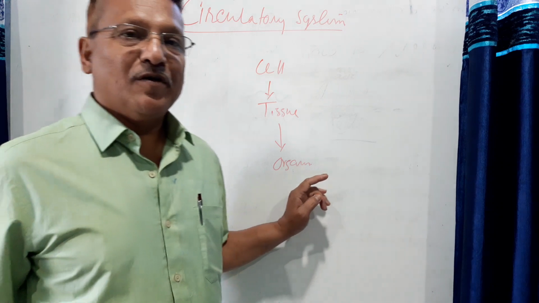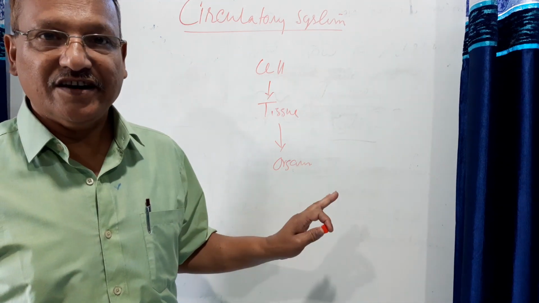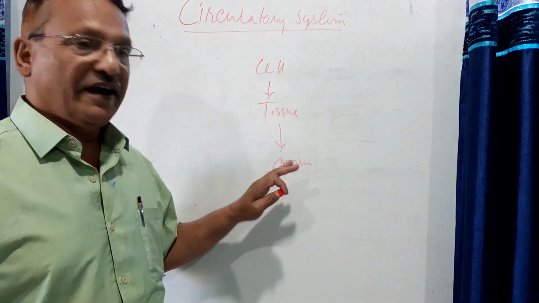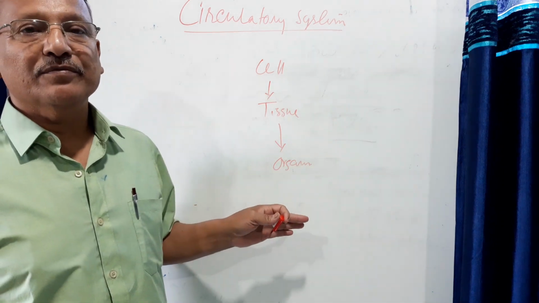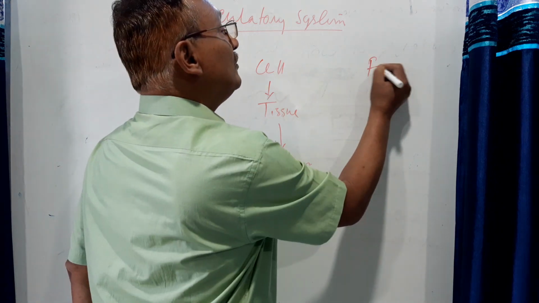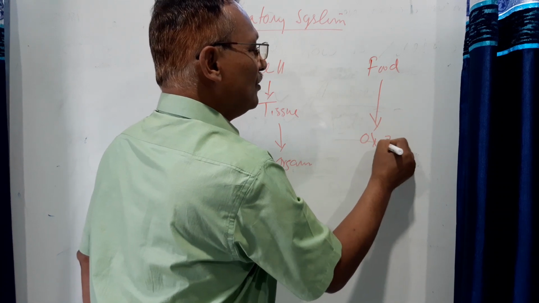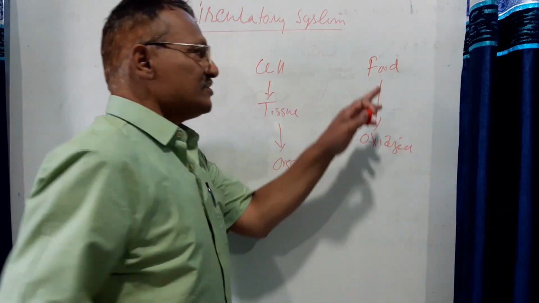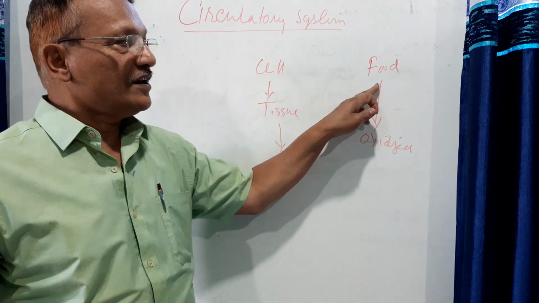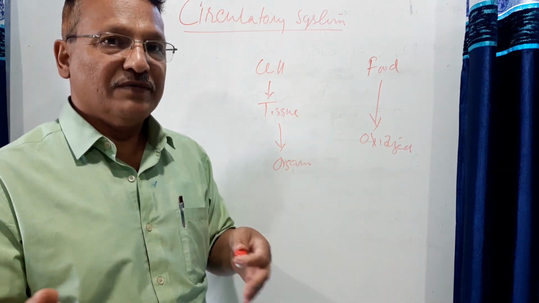To perform these functions, the organs need energy, isn't it? So where does energy come from? Energy comes from food. After taking the food, it must be oxidized. Otherwise, the energy located in the food cannot be taken by the animal.